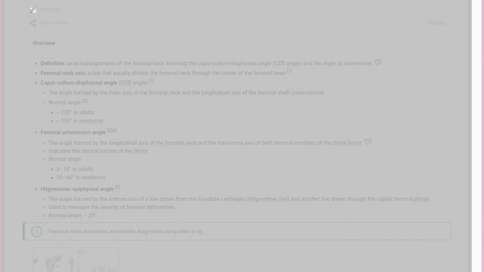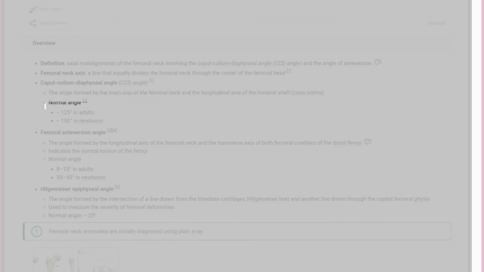Overview. Definition: axial malalignments of the femoral neck involving the caput-collum-diaphyseal angle, CCD angle, and the angle of anteversion. The femoral neck axis is a line that equally divides the femoral neck through the center of the femoral head. The CCD angle is the angle formed by the main axis of the femoral neck and the longitudinal axis of the femoral shaft.